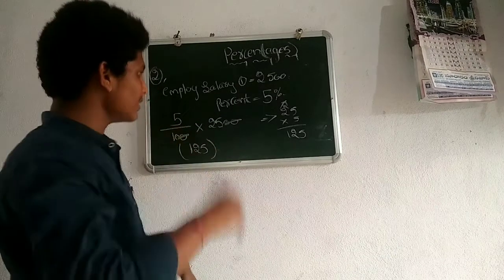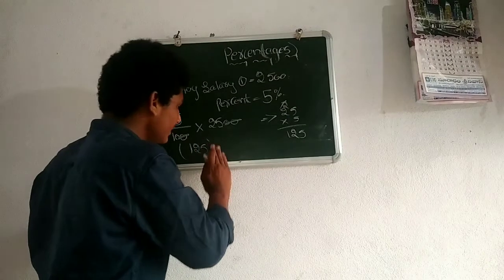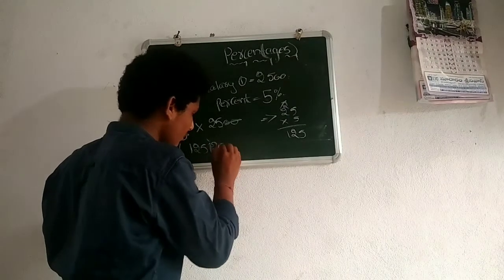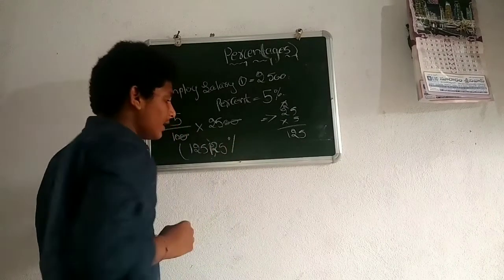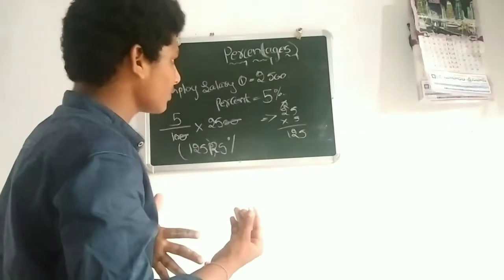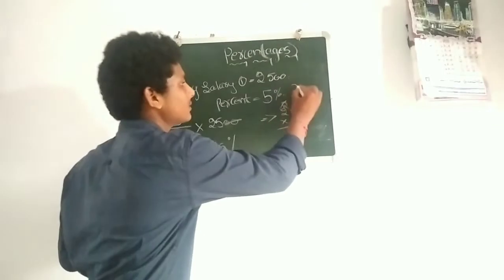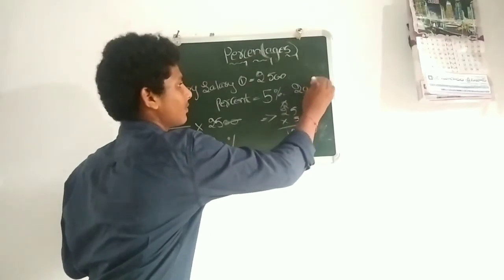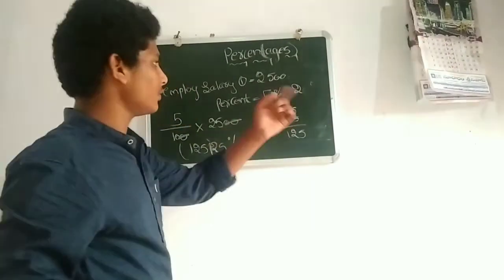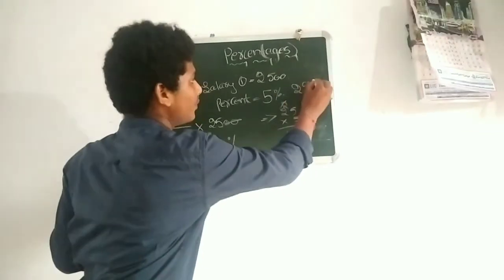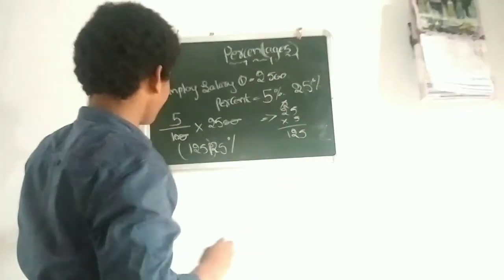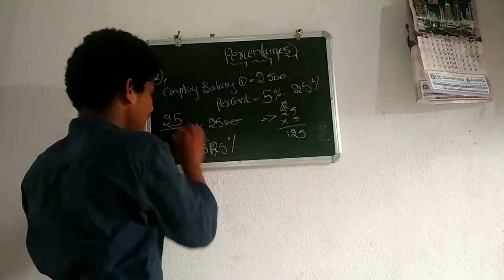125 rupees, and next month he is going to increase his money again. I asked, he told 20%. Not only the last problem's 20, okay, we are going to 25%. Here also 25%.